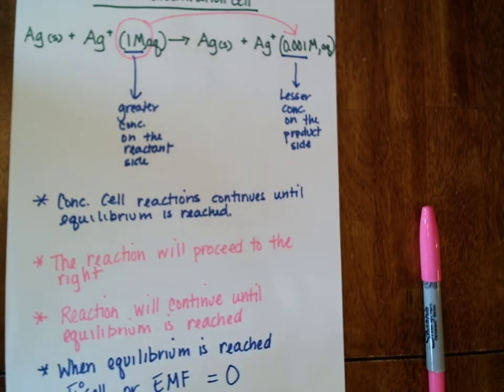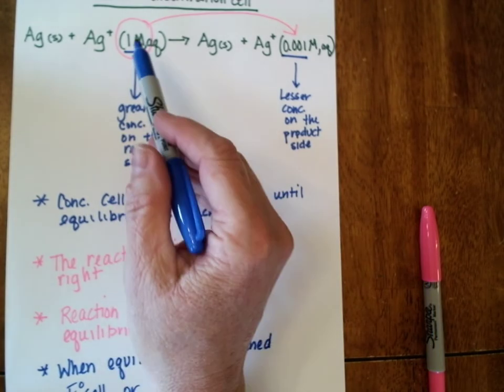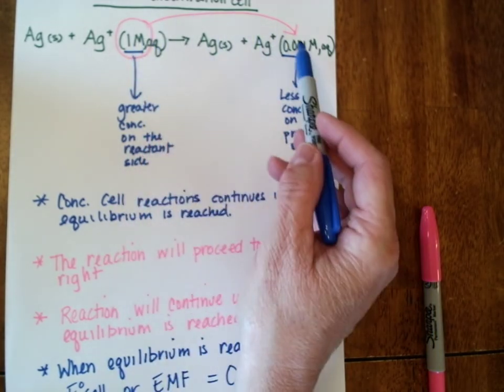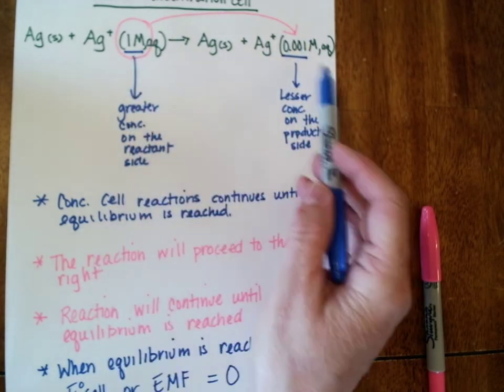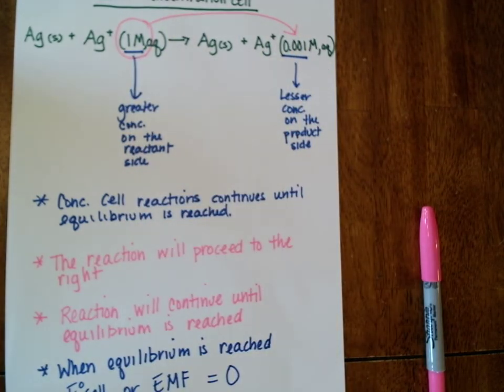So once this reaction has moved until equilibrium is reached and I have standard solution on both sides, when I finally reach equilibrium, I know that my cell potential is 0.